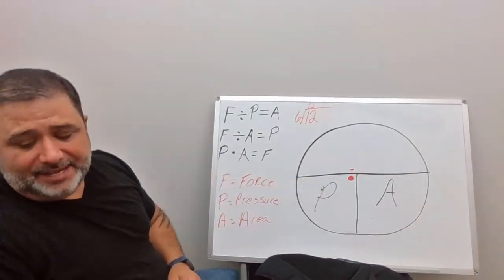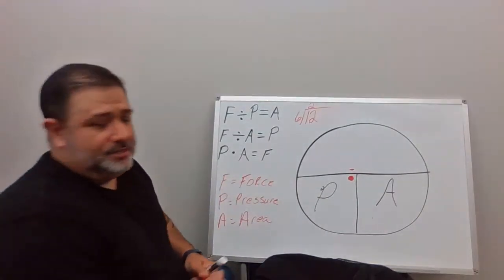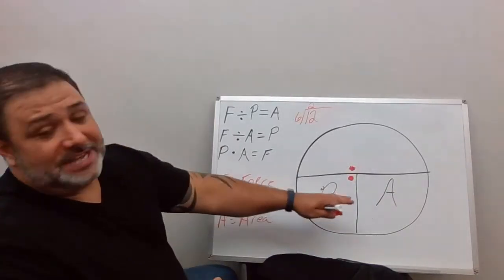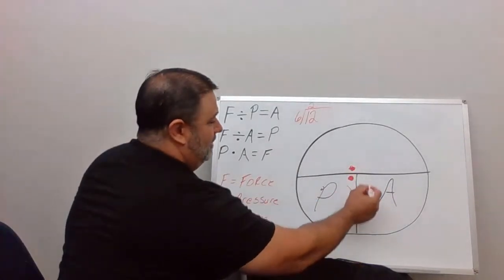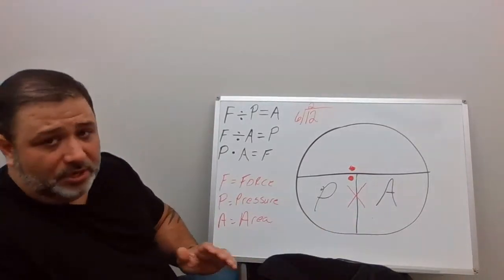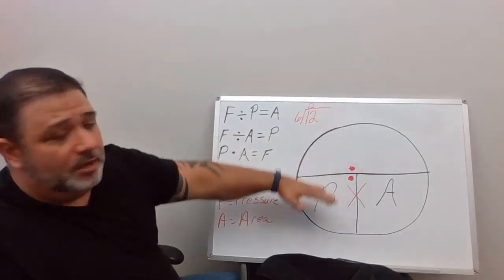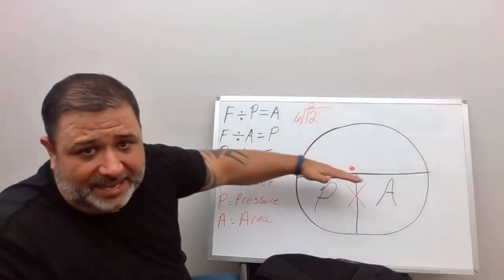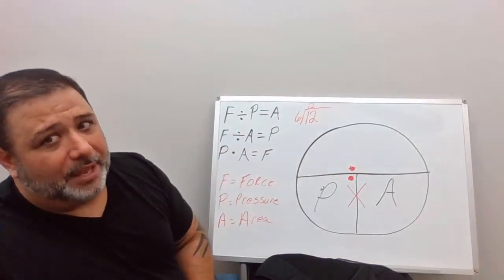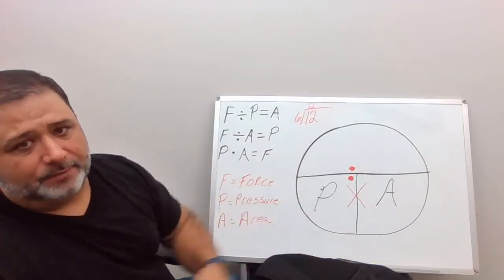Now, side to side is a different way of doing this. So we know if we go up and down, we divide in line. Go side to side, multiply. So the way to remember that: up and down we divide, the dividing line, we divide the force by the bottom. Side to side, we multiply. Okay, up and down we divide, side to side we multiply.